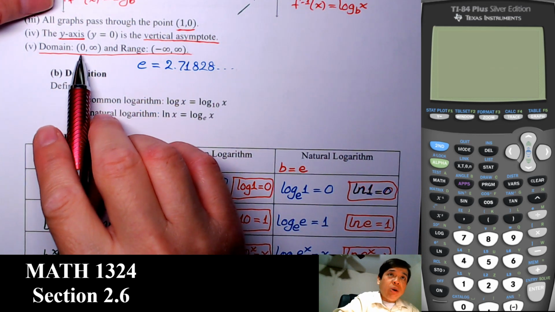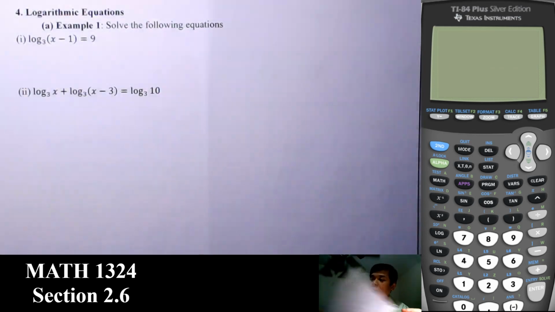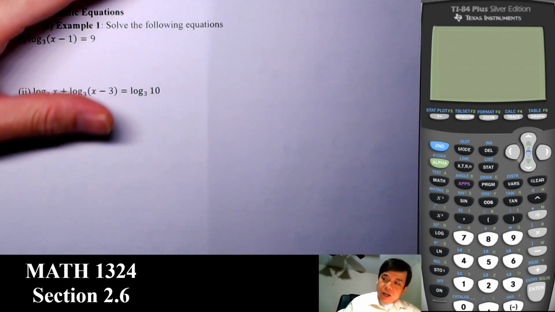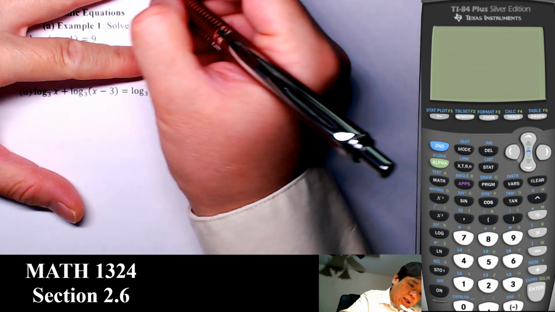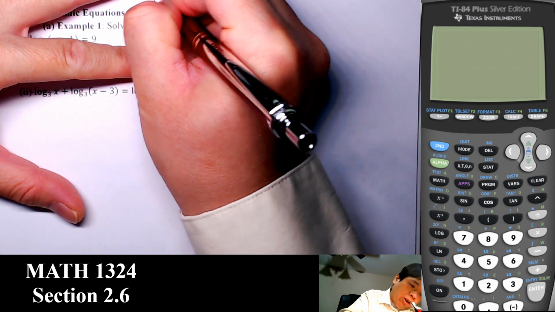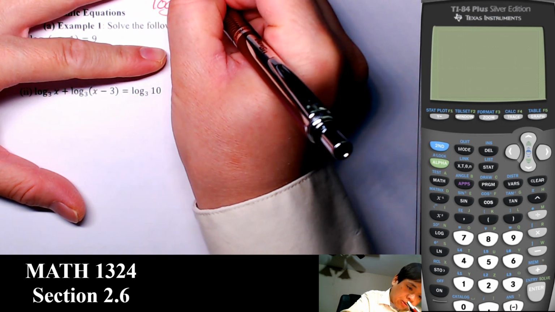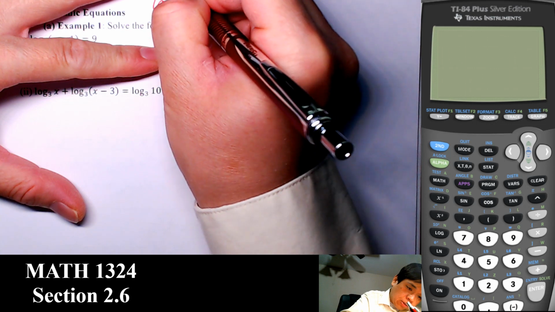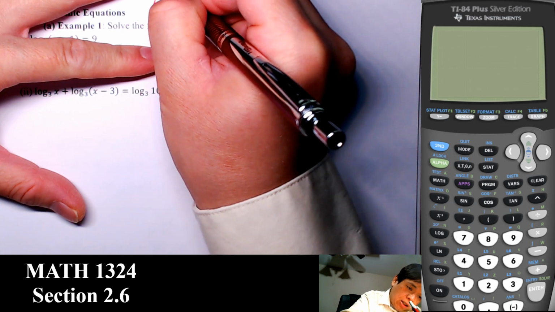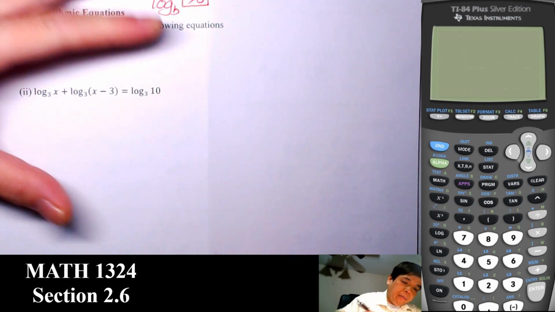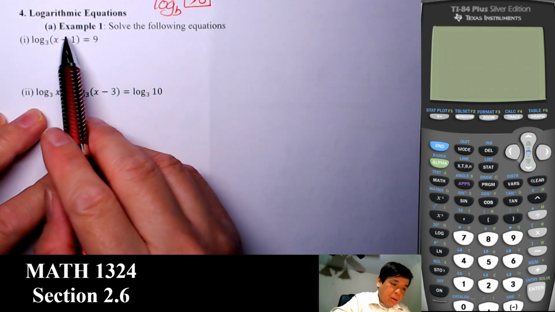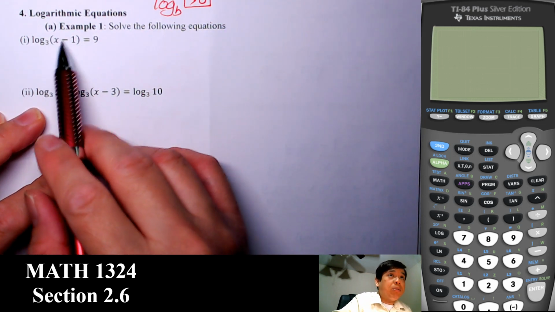The domain is only from 0 to infinity, only positive numbers. So whatever we have at the base doesn't matter. This has to be positive. So when we solve for that, make sure whatever this is, it has to be positive.